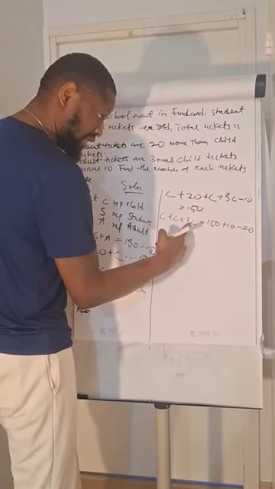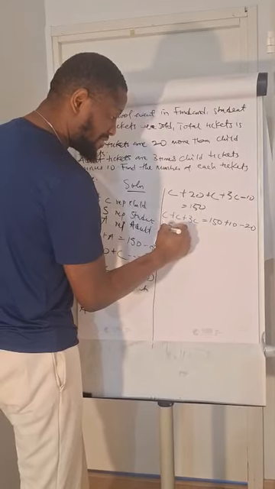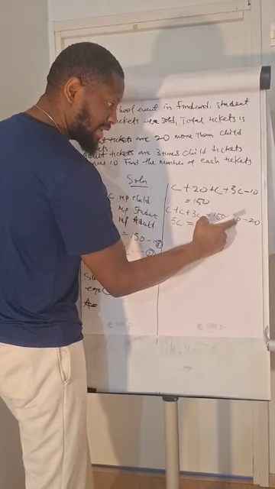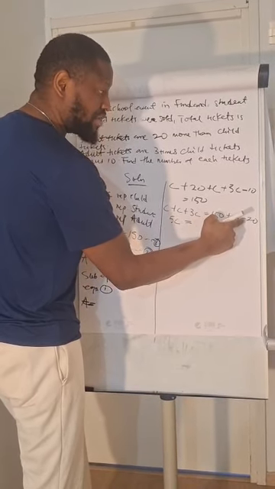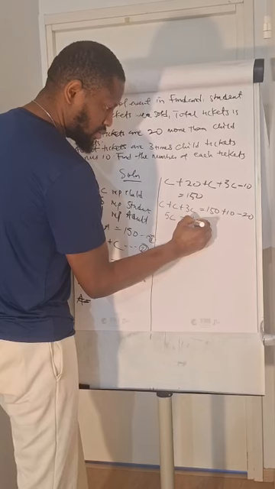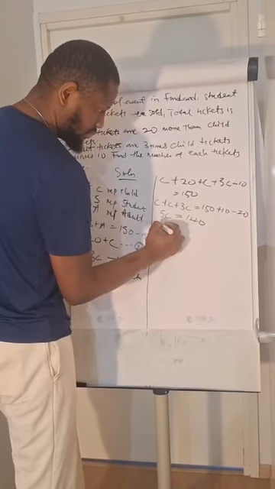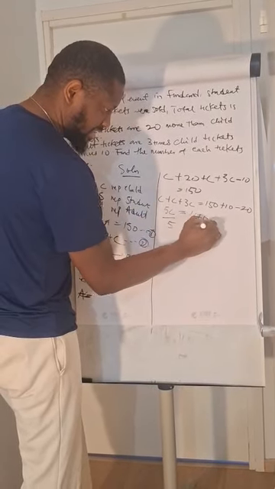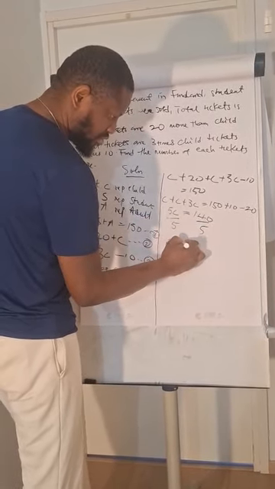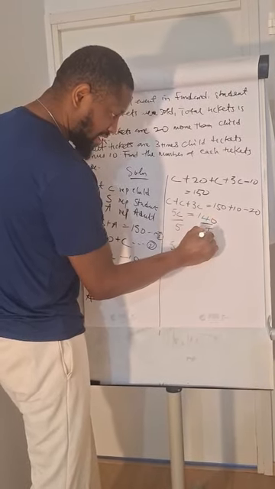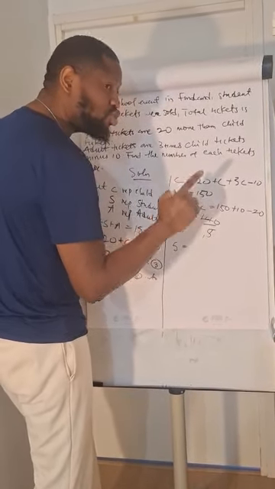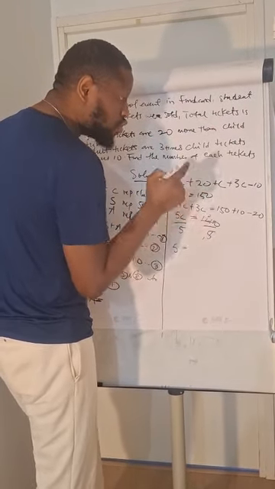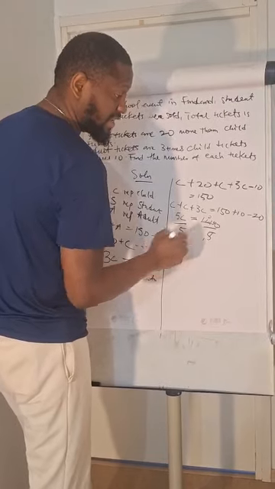C plus 3C plus C is equal to 5C, equal to 150 plus 10, 160. 160 minus 20 is 140. Now, for us to get C, you divide both sides by 5. 5C over 5 is equal to 140 divided by 5. 5 into 14 is 2 remainder 4. 5 into 40 is 8.